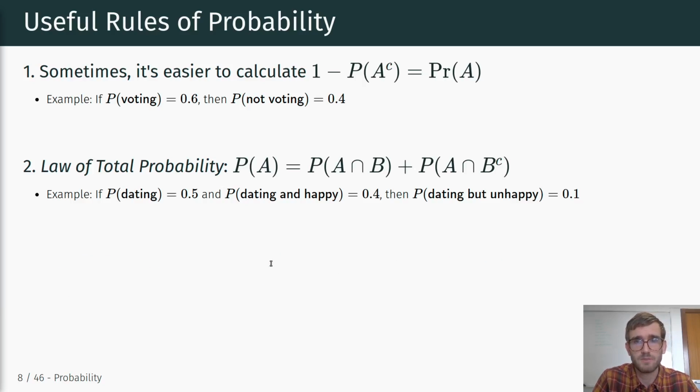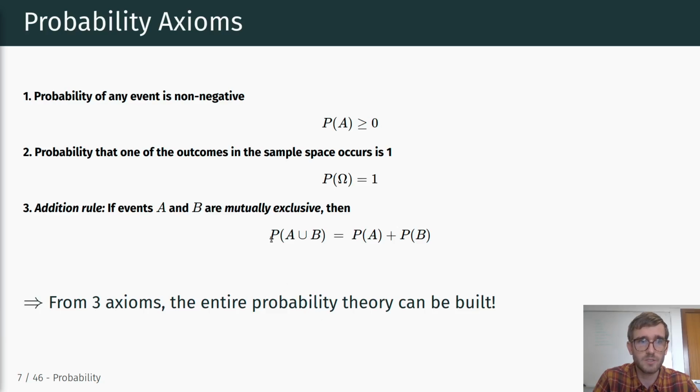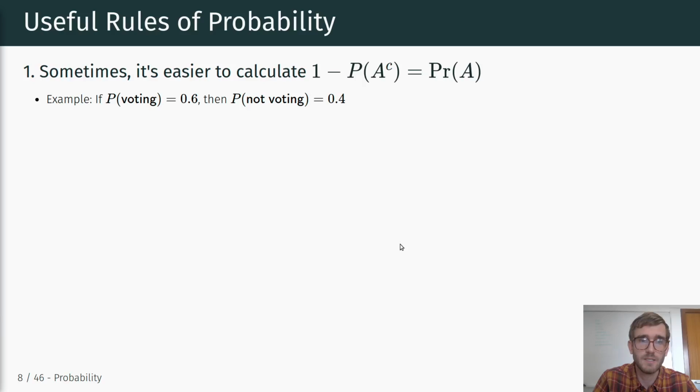If we go back to this addition rule, we said that if two events A and B are mutually exclusive, then the probability of the union of those two events is just the sum of those two probabilities.